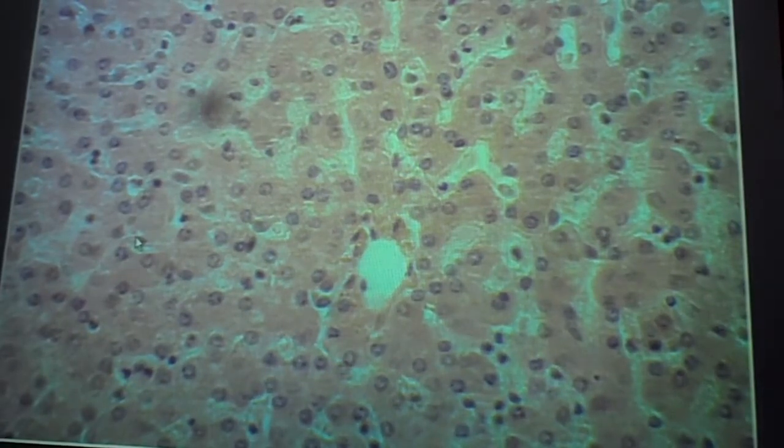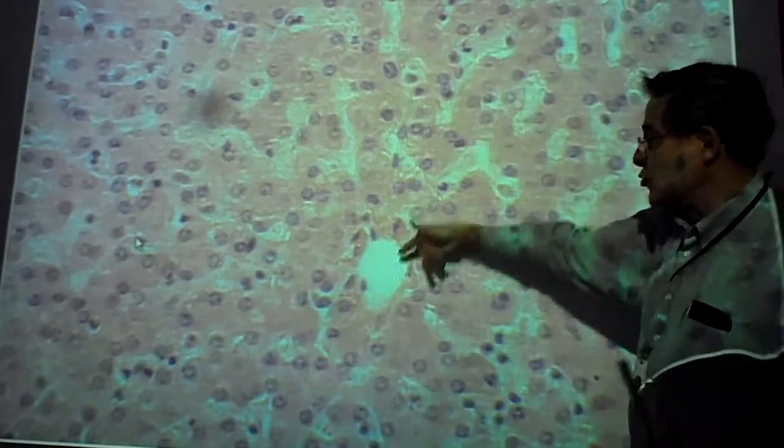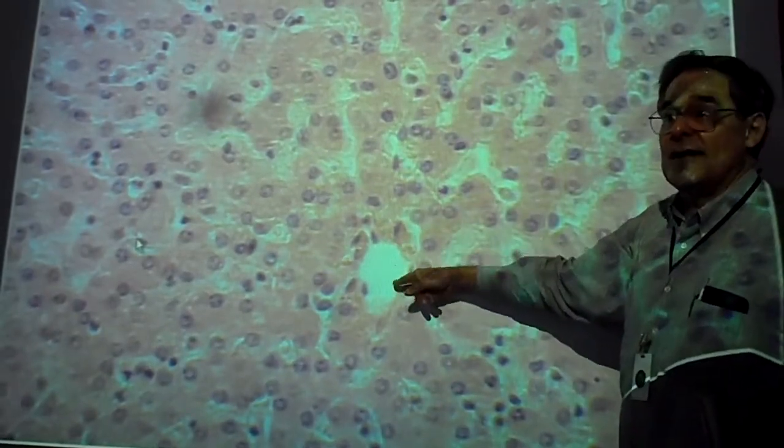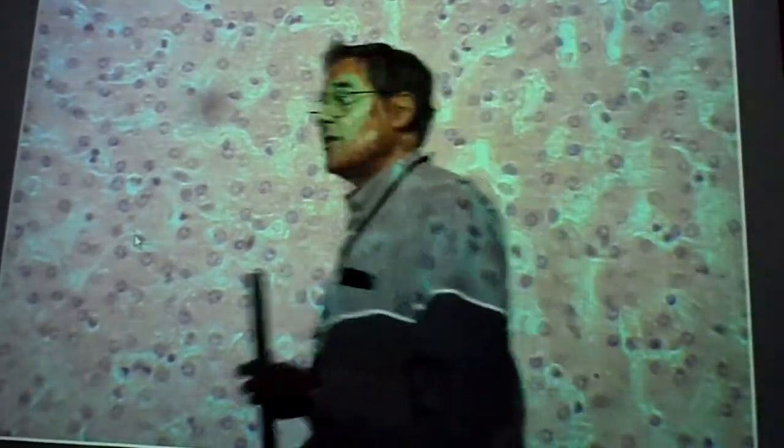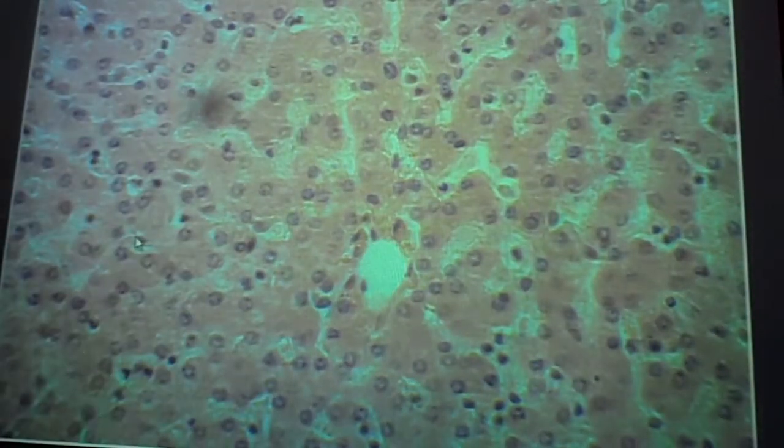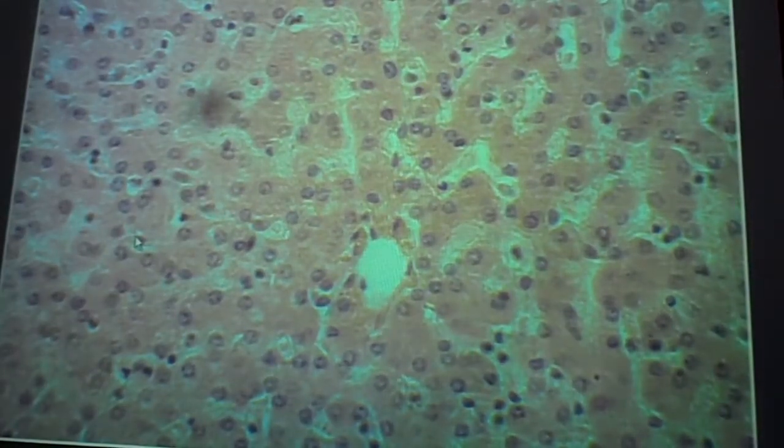Portal triad, portal venule, hepatic arteriole, bile duct, hepatic sinusoids. Everybody see that? And then central vein. These capillaries drain into a central vein. That's the drain. Central vein then carries the blood into interlobular veins, and from there it goes into the hepatic veins, which drain into the inferior vena cava.